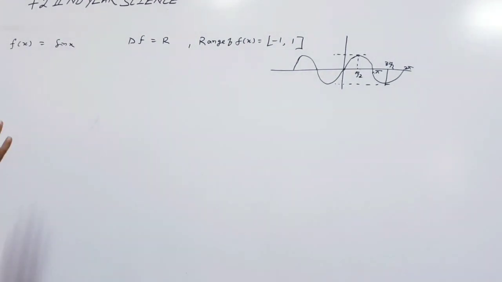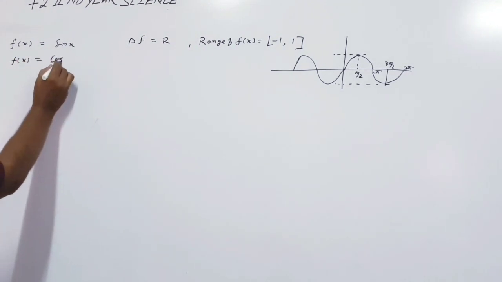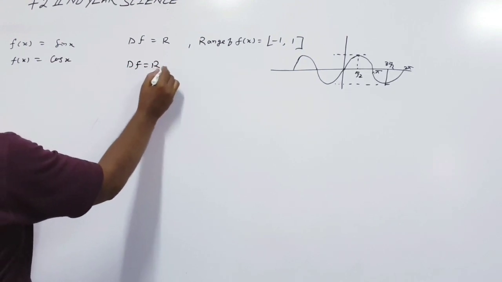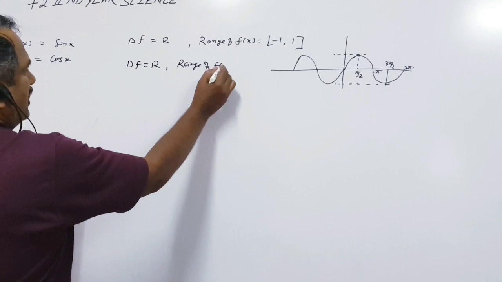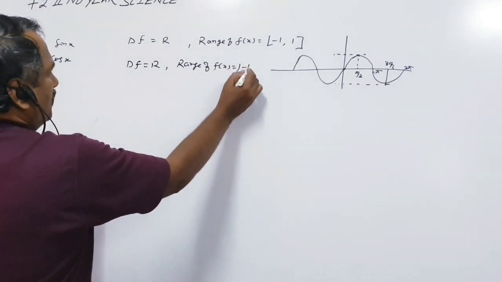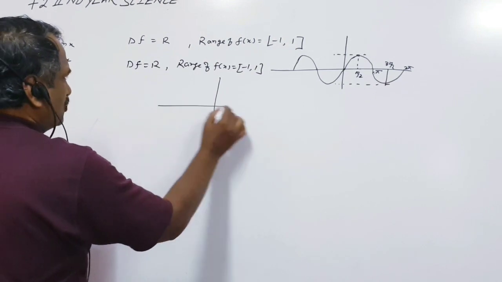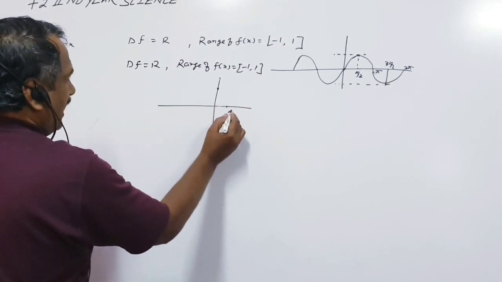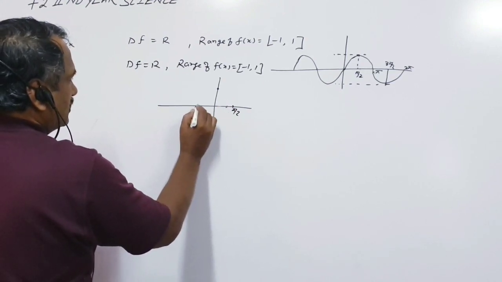Now similarly, f of x equal to cos x. The domain of the function is the real numbers, but the range of the function is -1 to +1. But the graph is here. When x equal to 0, cos 0 equal to 1. This is a curve.